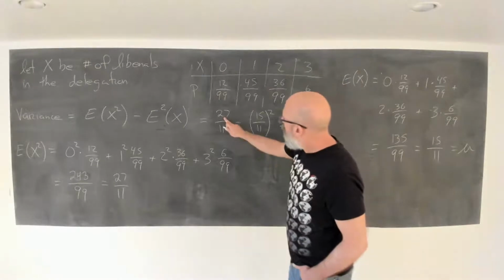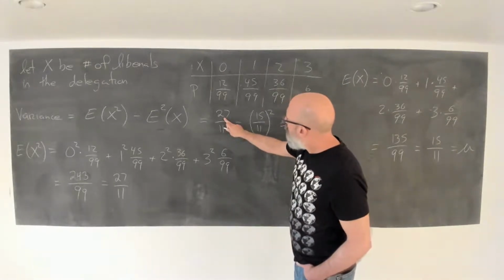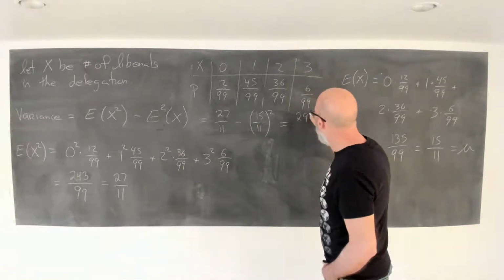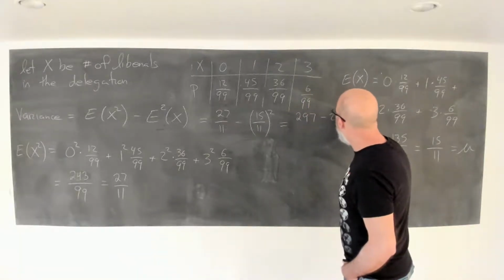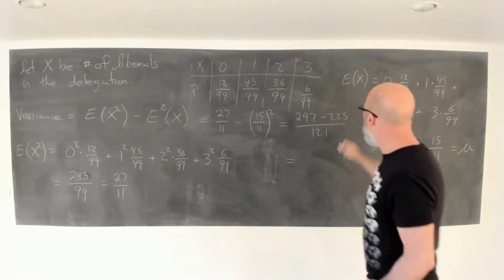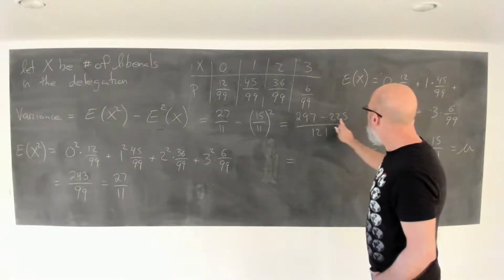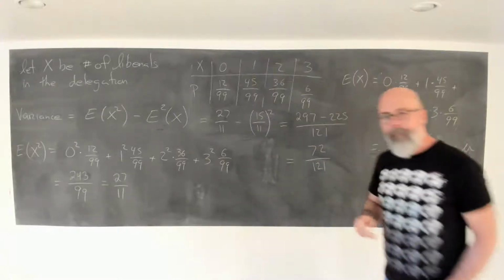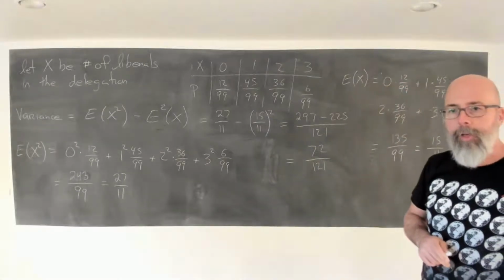What is that? 297 minus 225 over 121. 72. 72 over 121. Anybody?